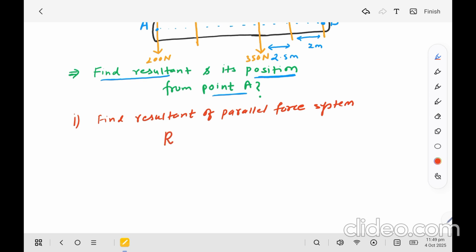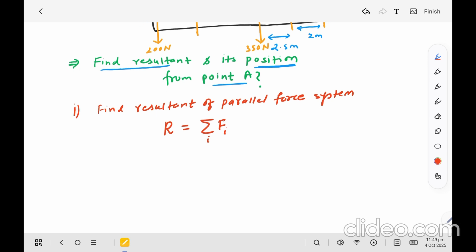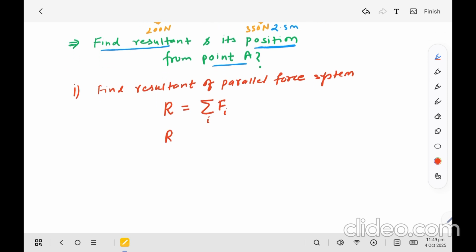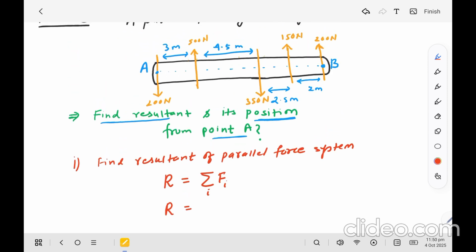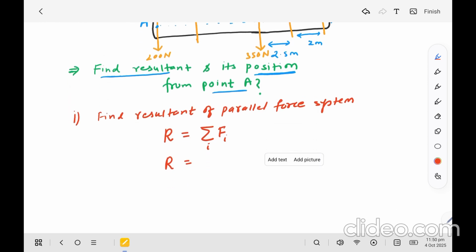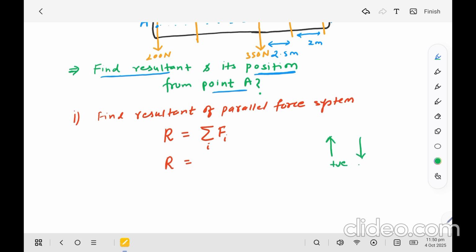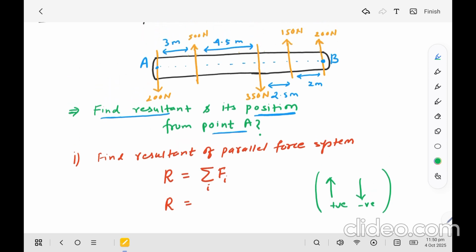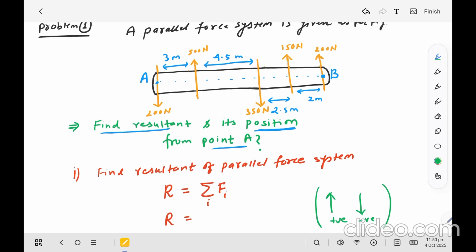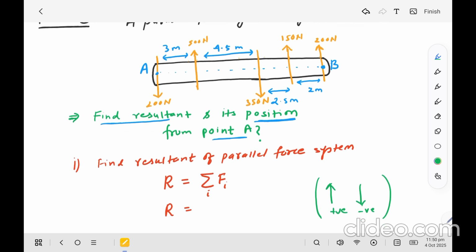The resultant is nothing but the algebraic sum of all the forces Fi, and R equals that sum. I am using this direction as positive and this direction as negative. I will use this sign convention while doing the algebraic sum of these forces.